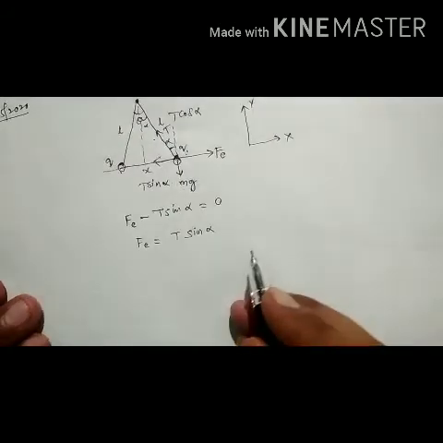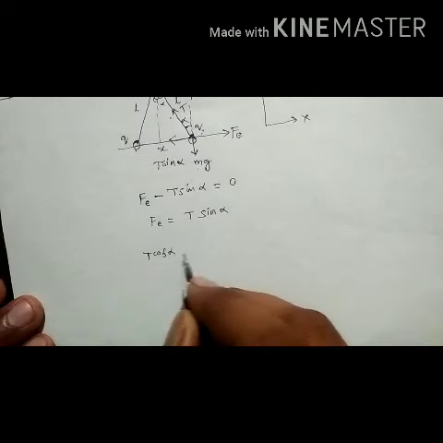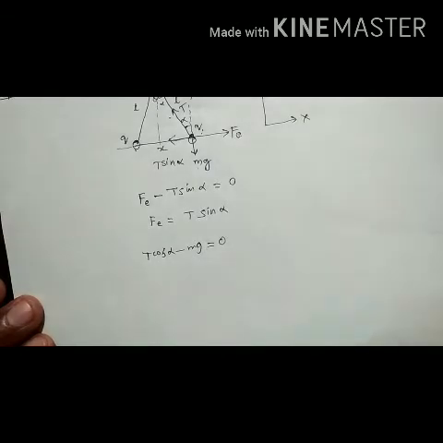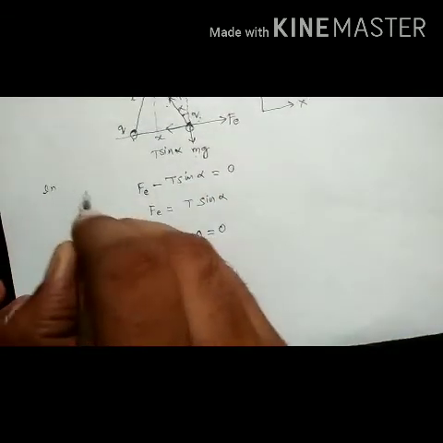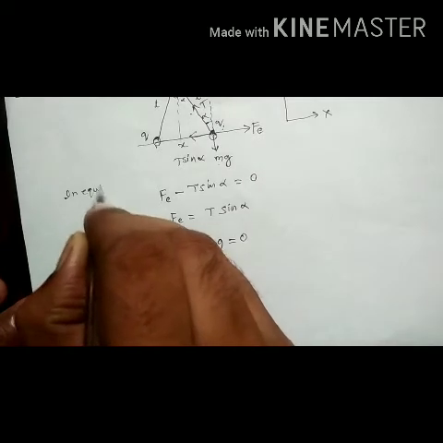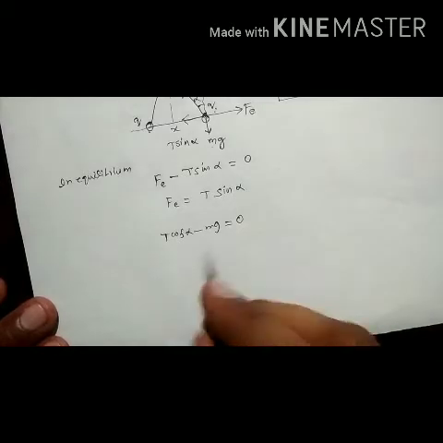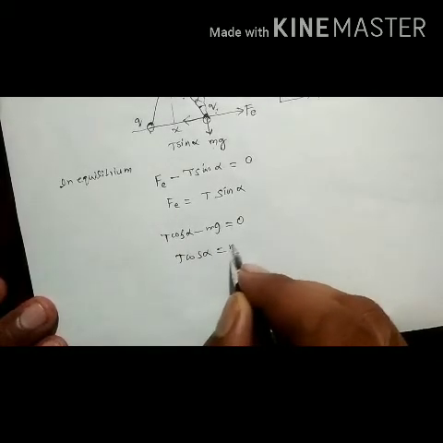Along the y-axis, T cos alpha minus mg is equal to 0, because the ball is in equilibrium. So T cos alpha is equal to mg.